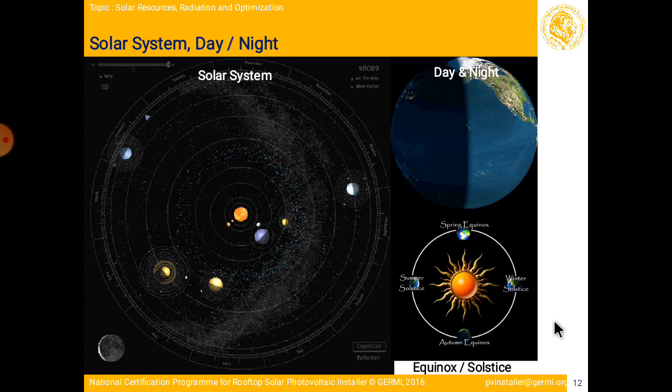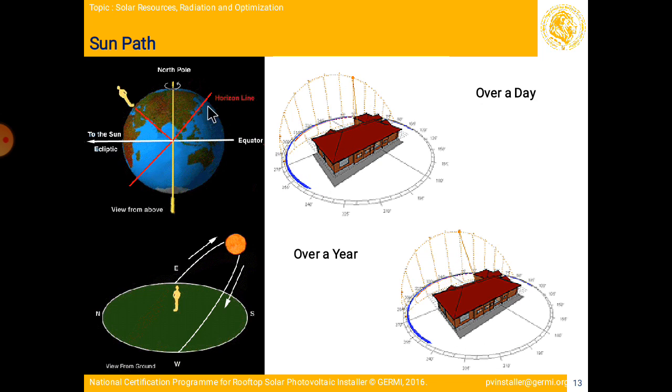Now in this you can see the sun path. From sunrise to sunset it will take this path over a day, and over a year the sun pathway is different for a particular time. This is the position where we are standing, so you can see that this is the position of the sun.